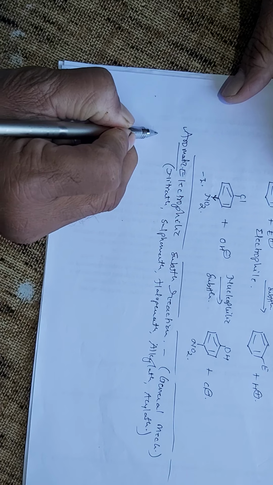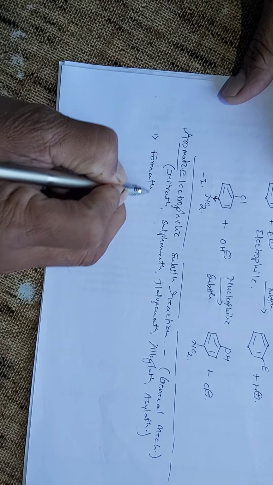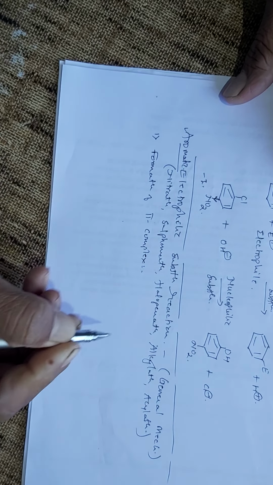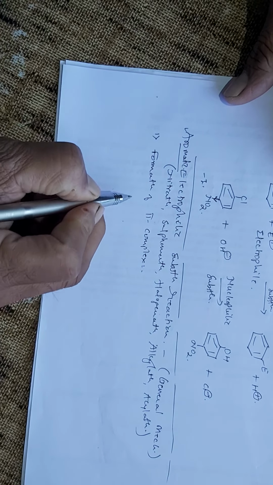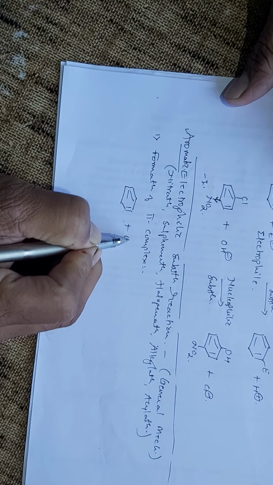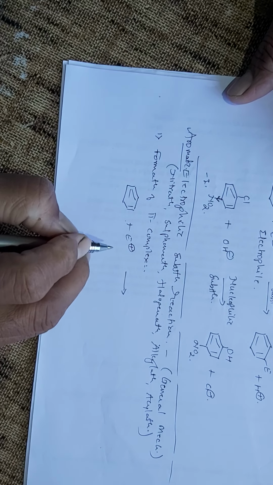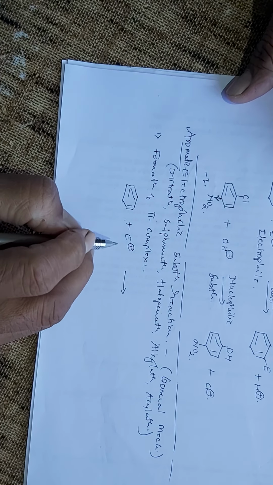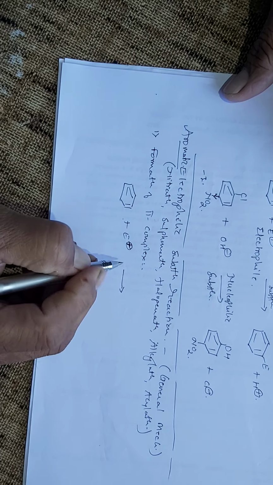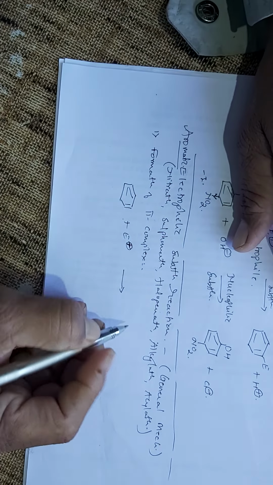The first step is the formation of the pi complex. What is the formation of a pi complex? Whenever benzene is allowed to react with an electrophile, benzene, being a nucleophilic compound, attracts the electrophile, that is the electron deficient species, by donating its pi electrons to form a sigma bond.